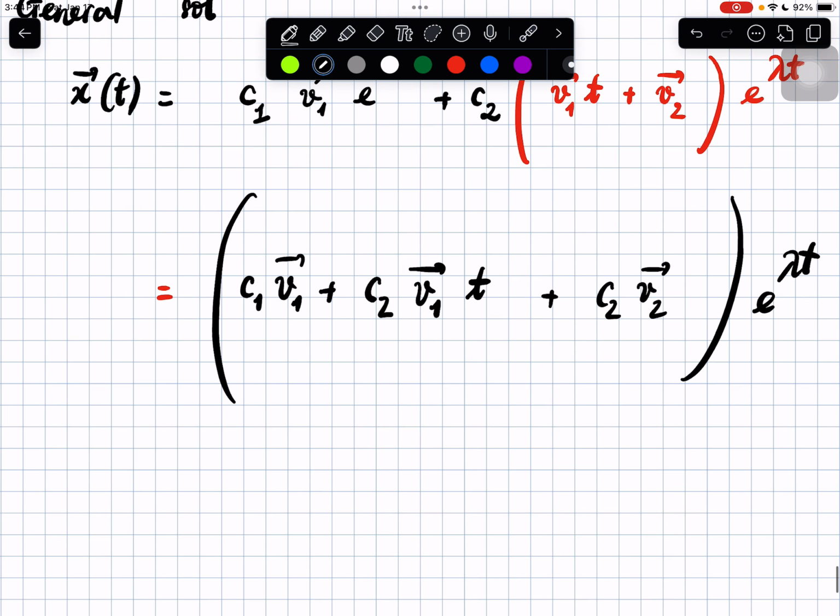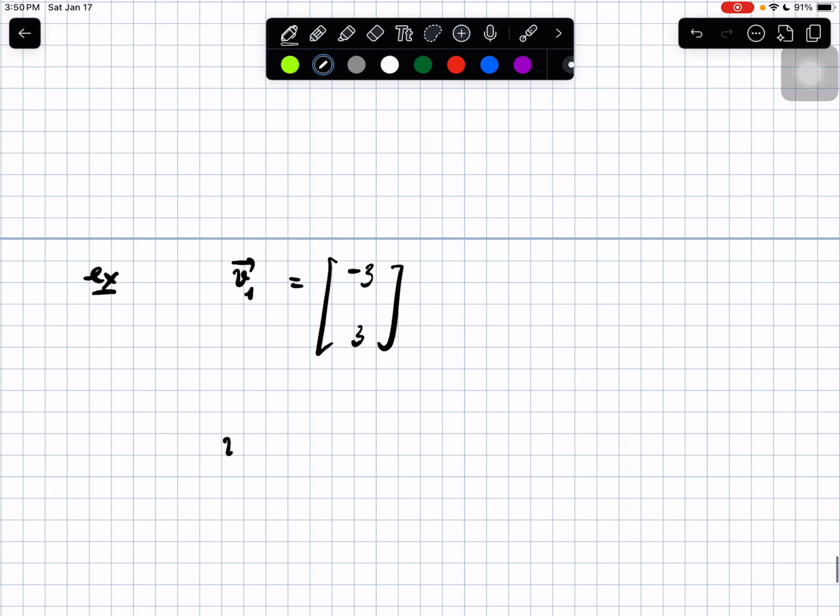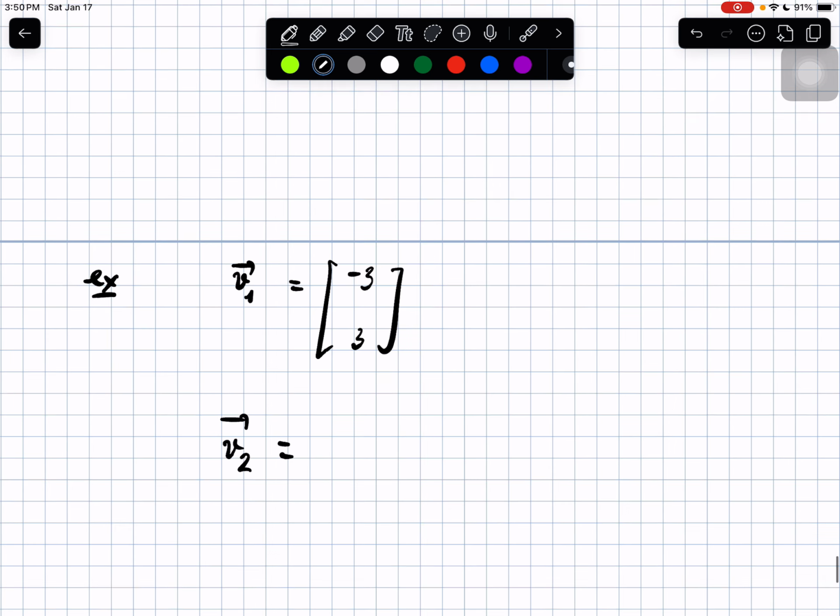So let's sketch for an example. In this case the actual eigenvector v1 is (-3, 3). V2, the generalized one, is (1, 0).